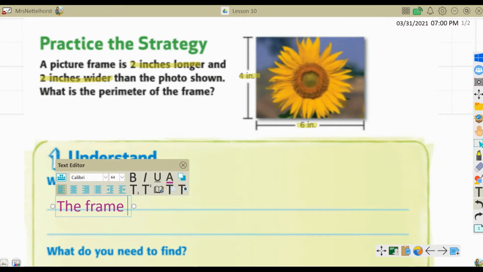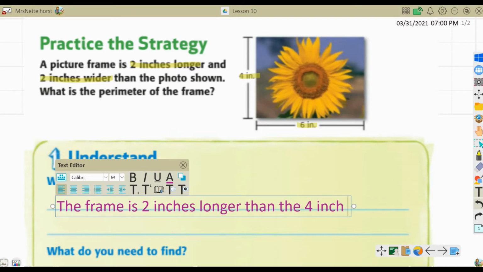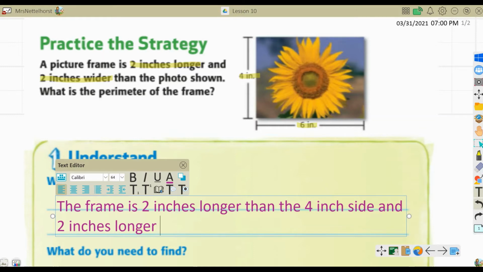The frame is 2 inches longer than the 4-inch side and 2 inches longer than the 6-inch side of the picture. Okay, so that's what we know.